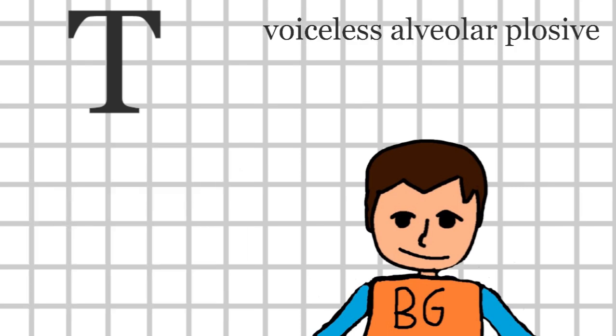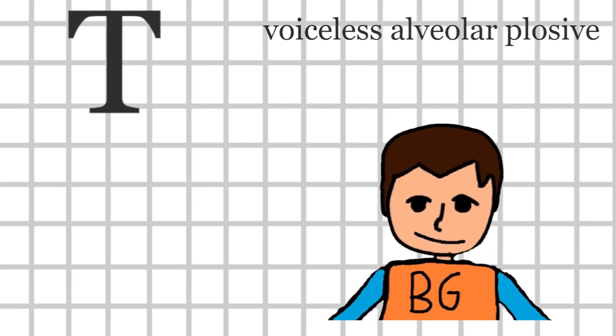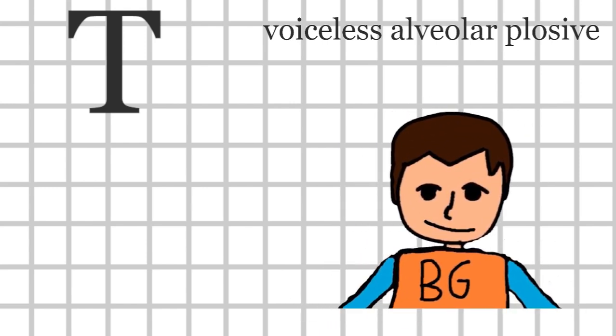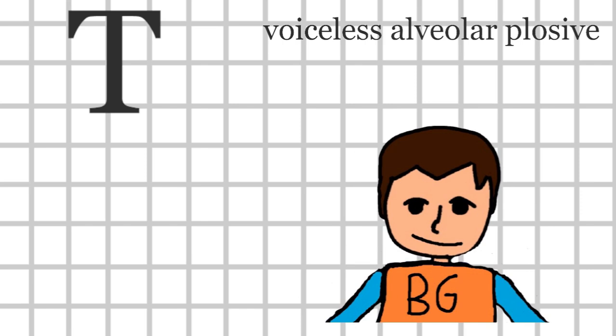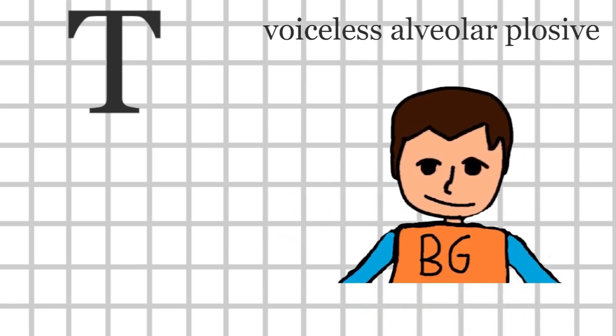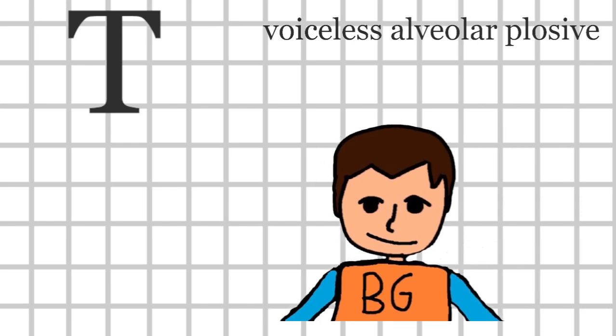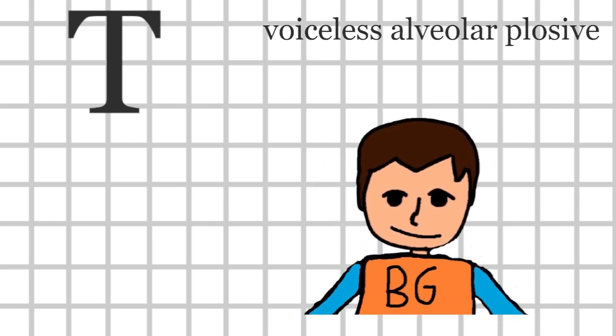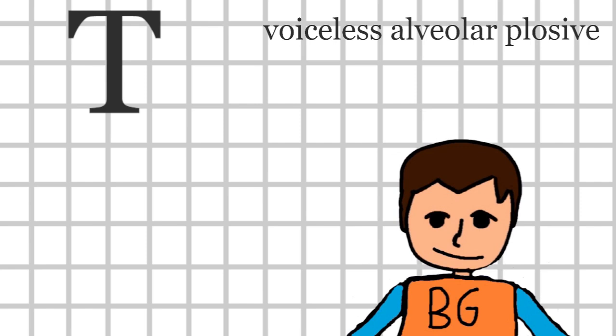Now let's look at the phonology of T, which is going to be interesting. So T makes a voiceless alveolar plosive. Now, a voiceless alveolar plosive is basically a T sound. And yes, if you have been flabbergasted by this, that is actually how most sounds look. So that is what sound T makes.